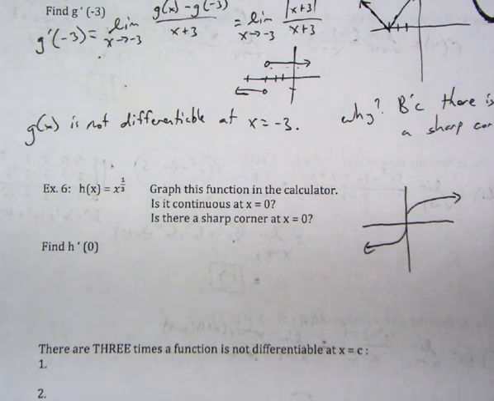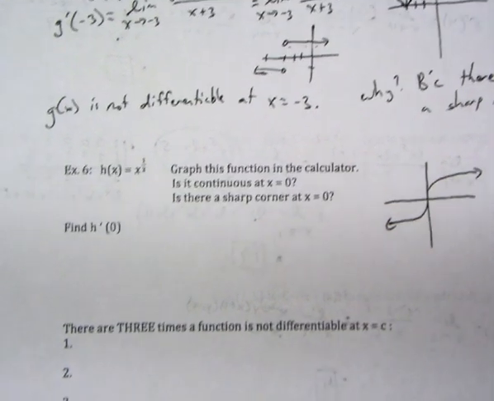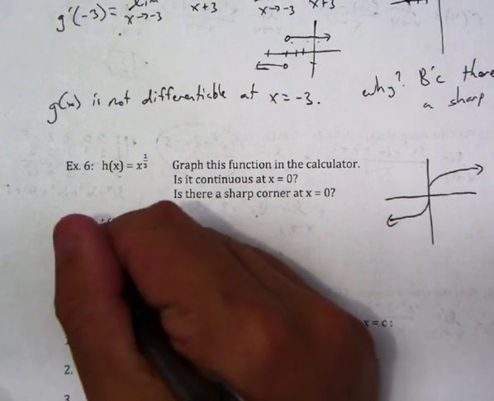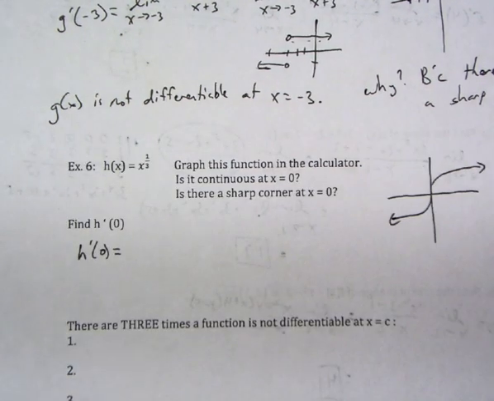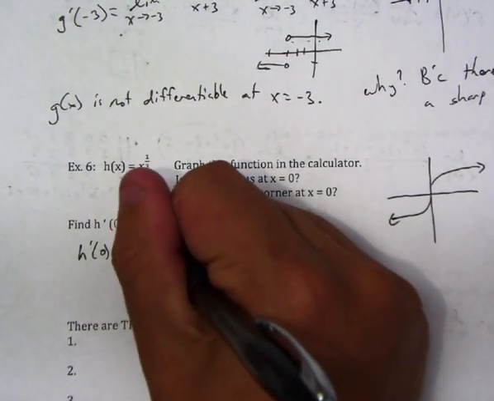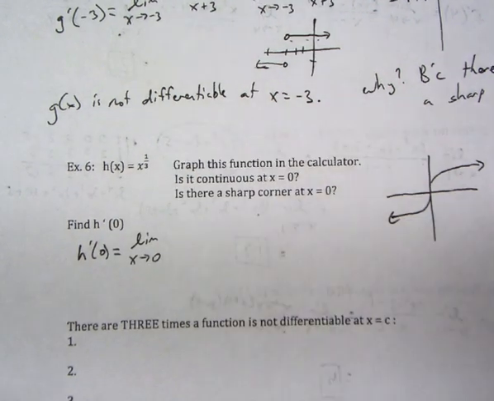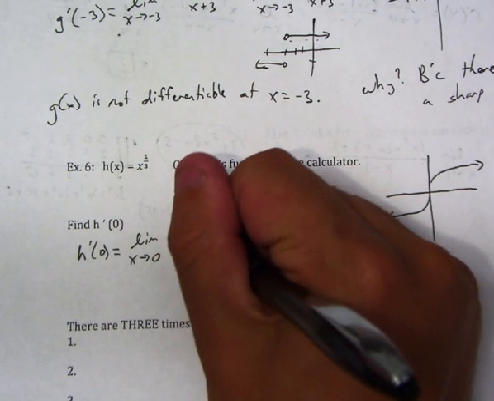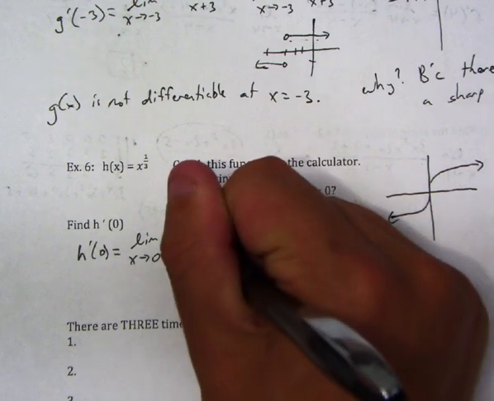Okay, well, let's go ahead and find h prime of 0 doing our whole limit stuff. So h prime of 0 equals the limit as x approaches 0 of h of x minus h of 0 over x minus 0.